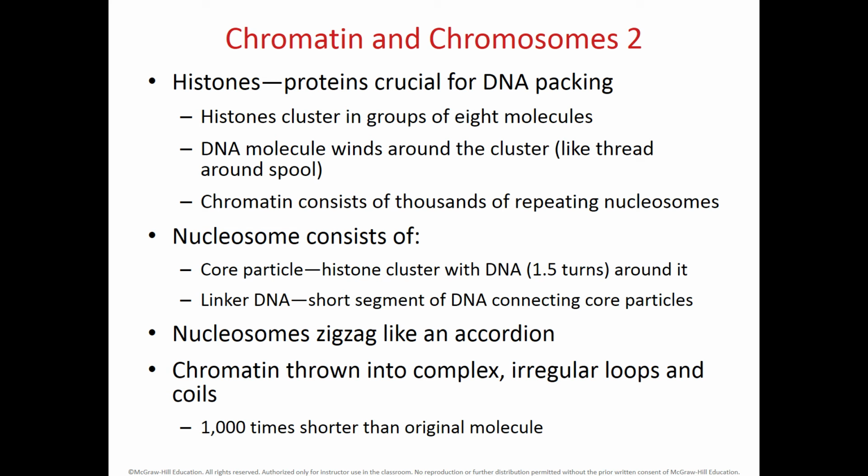So what does the nucleosome consist of? A core particle, the histone cluster with DNA 1.5 turns, it's actually 2.5 turns, and then the linker DNA, a short segment of DNA that connects one core particle with the other one, and then you form this zigzag-like structure, and the chromatin will be thrown into a complex of irregular loops and coils, and it will form 1,000 times shorter than the original molecule.